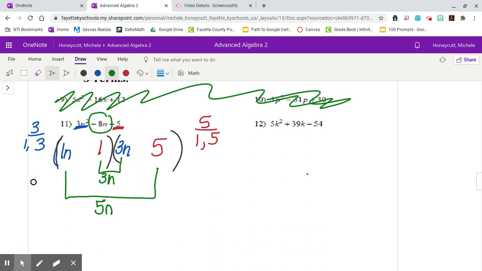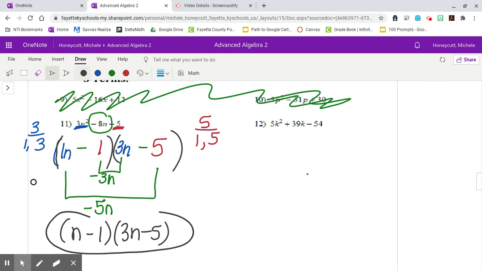Now, if I'm trying to combine these to get negative 8n, if the 3 is negative and the 5 is negative, they'll combine to be negative 8n. So I'll have n minus 1, 3n minus 5. So then my final factorization of this is n minus 1 times 3n minus 5. So this is my answer.